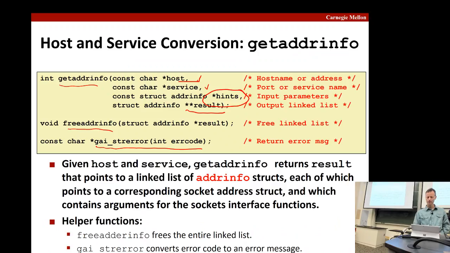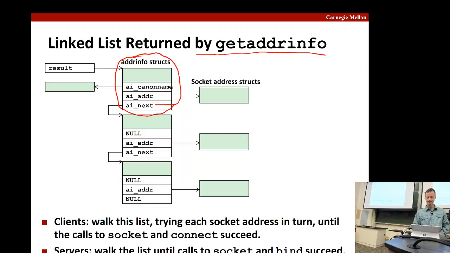So you give it a host and a service, and it could give you choices, different socket addresses. In this particular picture, you've got three choices that are all linked using these next pointers, and they point to these structures that I showed you before, the ones that have the actual byte-ordered IP address and port number.